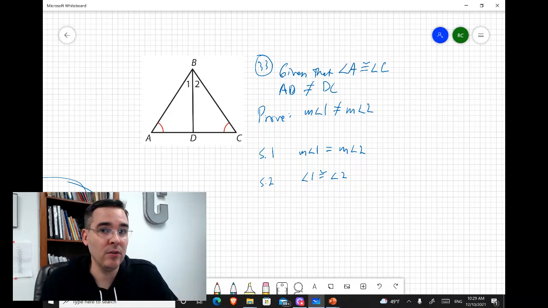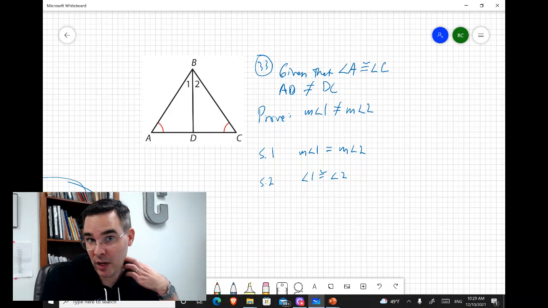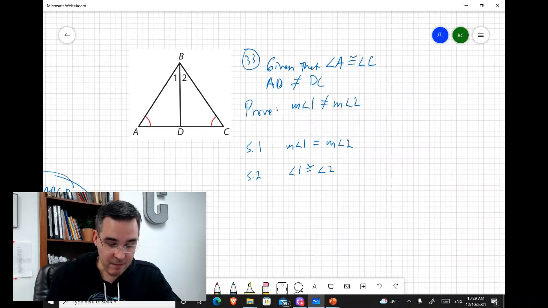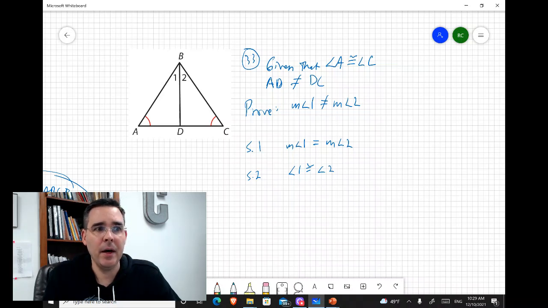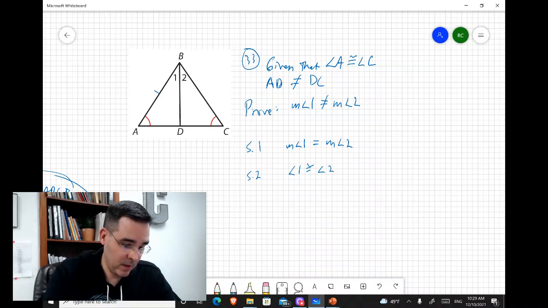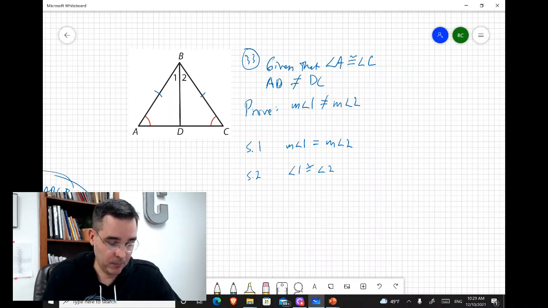I'm going to give this more as a paragraph proof as I'm going to be talking to save a little bit of time instead of having to write everything out. If angle 1 is congruent to angle 2, then we'll be able to show congruence pretty fast. We can also say that because angle A and C are congruent, then we've got an isosceles triangle.